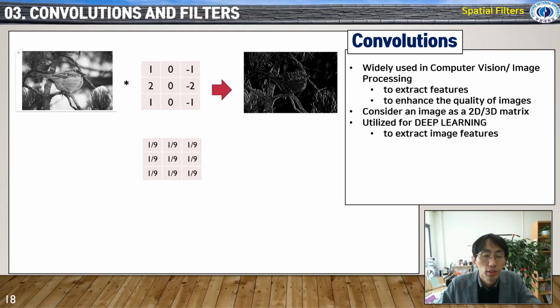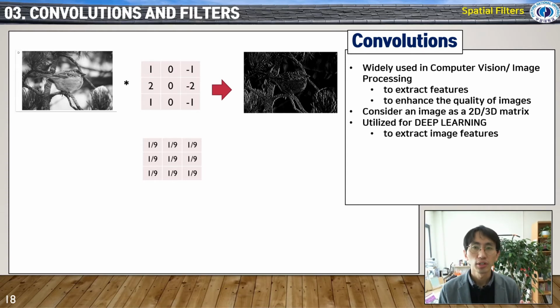When you are using convolutions for images, it means that we consider the images as matrices.